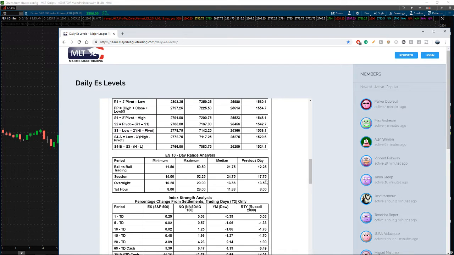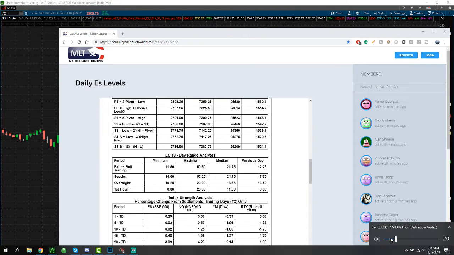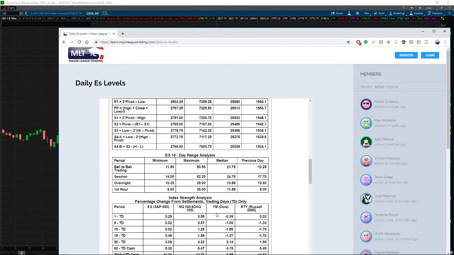For our 10-day range analysis yesterday, guys, we had a pretty tight range, 12.25 points on the previous day. 21.75 was the median, 17.75 the entire session, 13.5 in the overnight, and 8 in the first hour. So we did have some range contraction here on the prior day. Index strength percentage change, Dow was the weakest, led by Boeing, which had an airplane crash, not good.